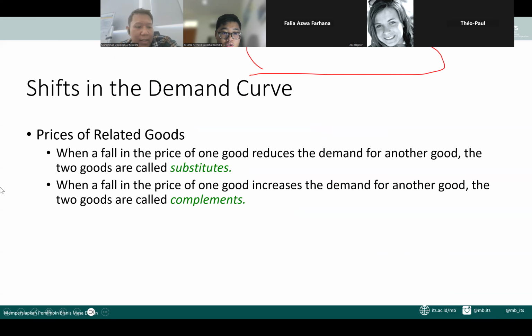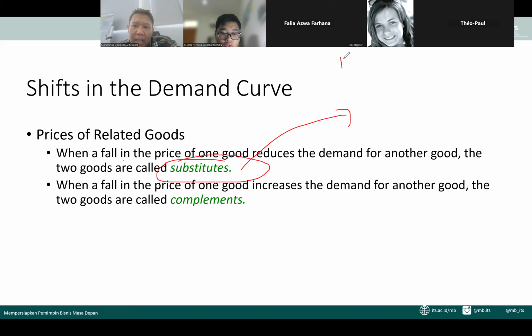Okay, next we have price related goods. When a fall in the price of one good reduces the demand for another good, the two goods are called substitutes. Can you give me a good example?